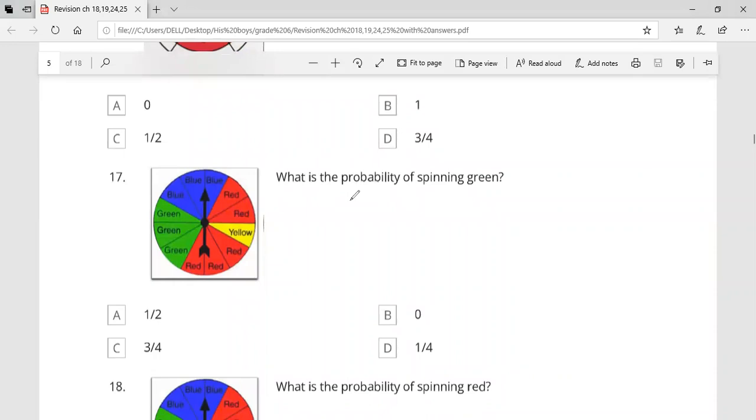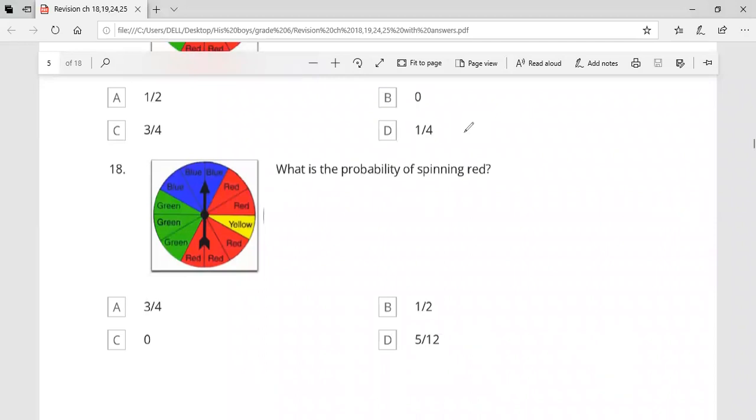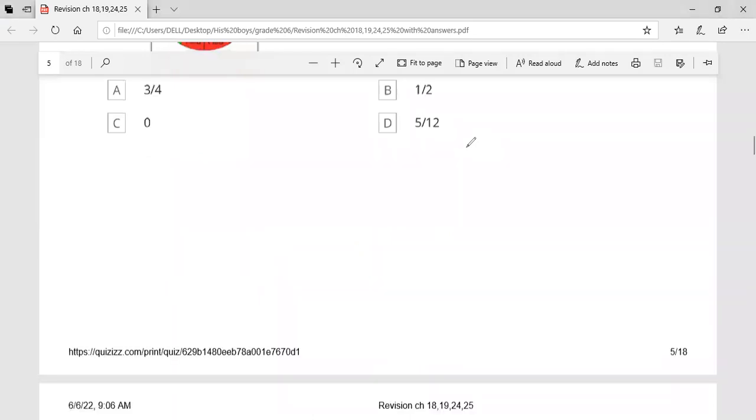We did it before, 3 out of 12, 1 out of 4 if you simplify. We did it already, and it is repeated. What is the probability of spinning red? Count red: 1, 2, 3, 4, 5. 5 out of 12, in simplest form. Here is what I mean.